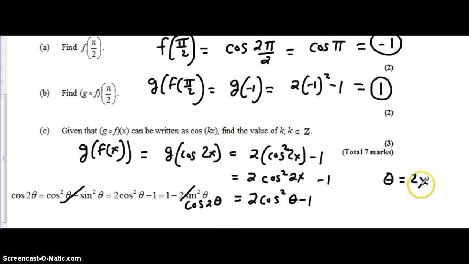Now if we plug in 2x back in for theta, we can find that cosine of 2 theta equals cosine of 2 times 2x, which equals cosine 4x. So now we have our g of f of x written the same way as they're asked, and we can see that k equals 4.